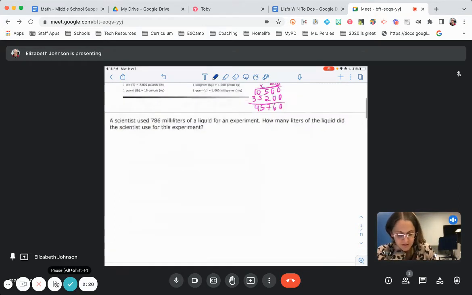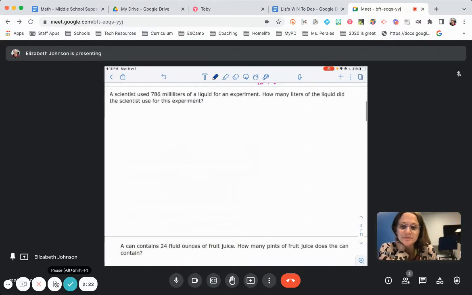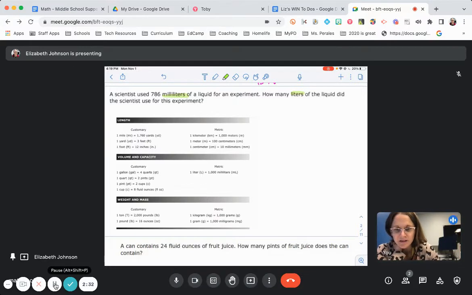Let's take another look at a different problem. So this one's talking about milliliters and liters. Now we're in the metric system. And I am going to want my formula chart again. There it is. So we're told that a scientist used 786 milliliters of liquid for an experiment. We want to know how many liters that is. So let's take a look and see what information we have about milliliters and liters here.